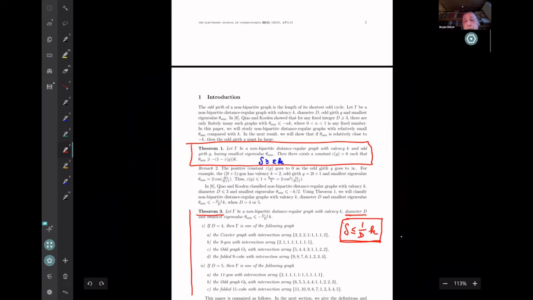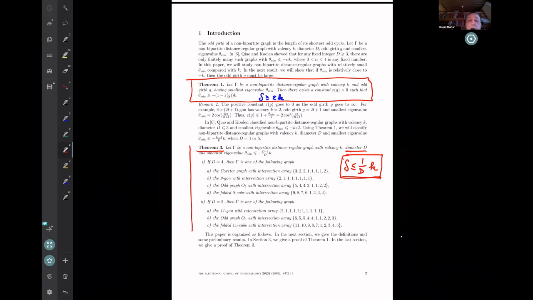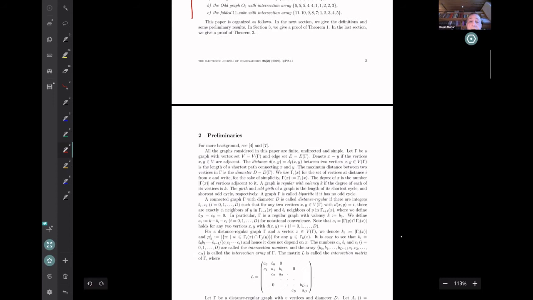The first theorem is the one I've mentioned, and the second one gives a specific version of which distance regular graphs have a really small negative spectral gap, smaller than 1 over the diameter times k. And they characterize these graphs. Of course, this characterization is not easy, but theorem 1 proves to be possible to get a much simpler proof.